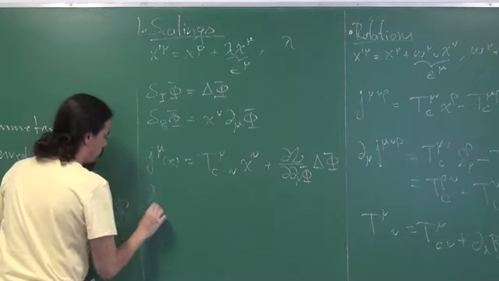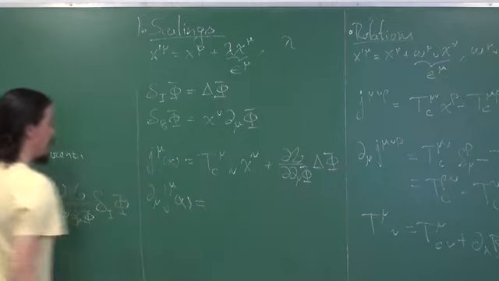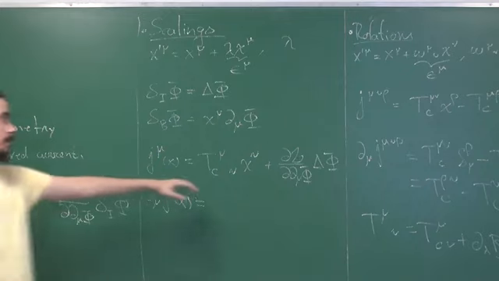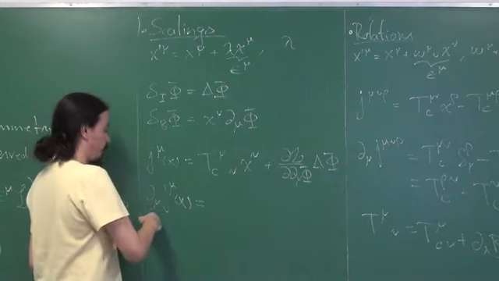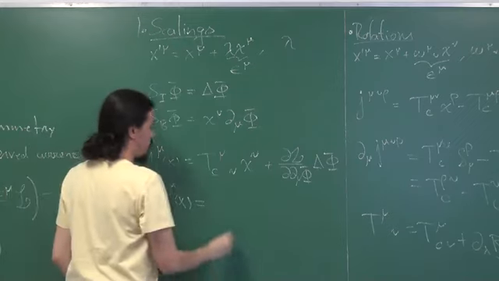So now the question is, what does the conservation of this current imply on this side? And again, when the derivative hits the canonical energy momentum tensor, it vanishes because I also have conservation.